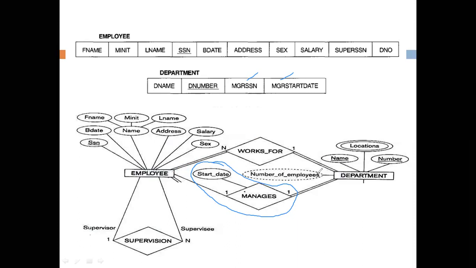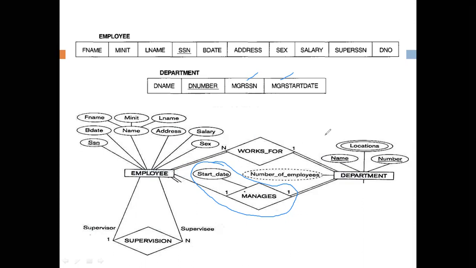And for a department, we can write a derived attribute, that is the number of employees in that department. All the derived attributes we want in the application can be indicated using the dotted ellipse. Any number of derived attributes we can write. The number of employees of a department is mentioned over here.